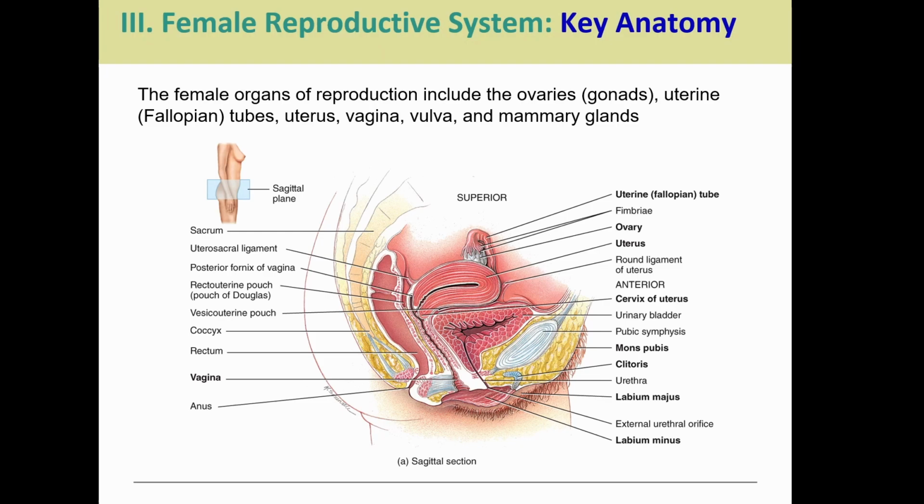So let's go ahead and talk about some key anatomy. There are some general structures that we want to get into with the female reproductive system, namely the ovaries, the uterine tubes, also called the fallopian tubes, and sometimes called the oviducts, the uterus, the vagina, the vulva, and the mammary glands.